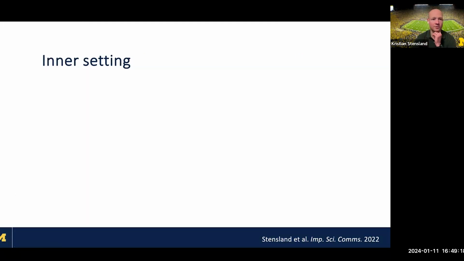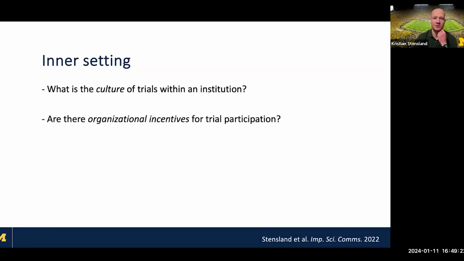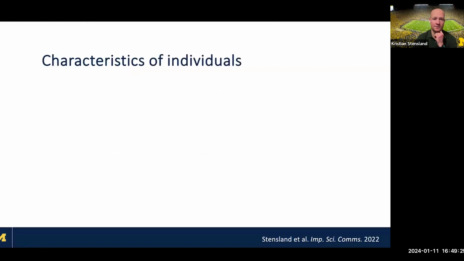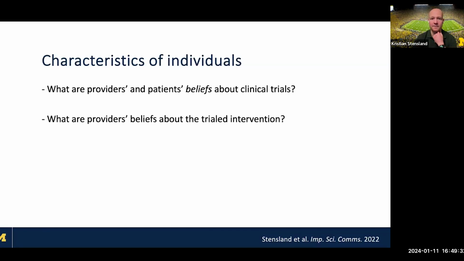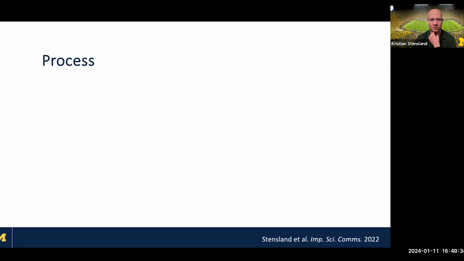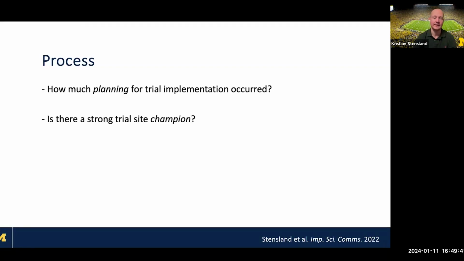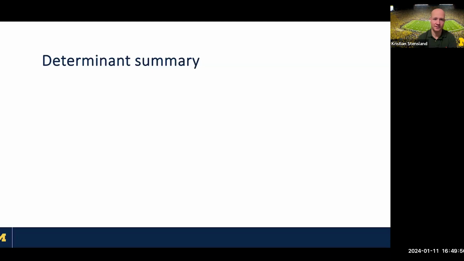I'm going to gloss a little bit over some of these others, but there are other domains such as components of your institution itself, incentives within your organization, and then of course characteristics of individuals, which is both providers' and patients' beliefs about the trial intervention and clinical trials themselves. The process domain is going to talk a little bit more about planning for trial implementation, folks who are boots on the ground trying to enroll people, and how much things like evaluation are in place for the actual conduct of the trial itself.